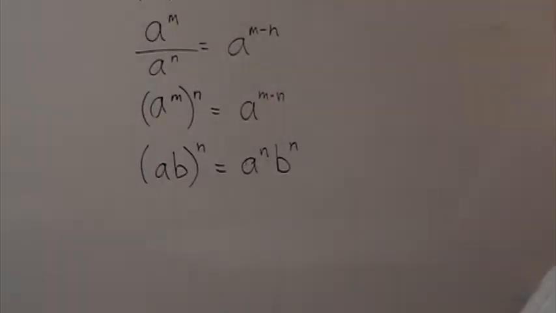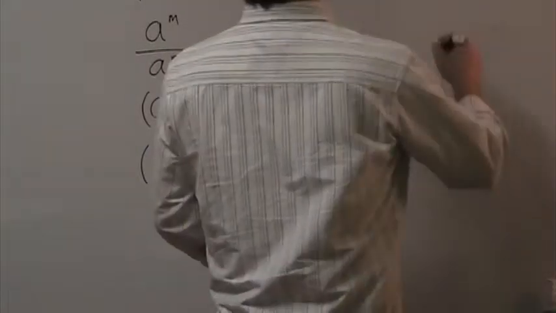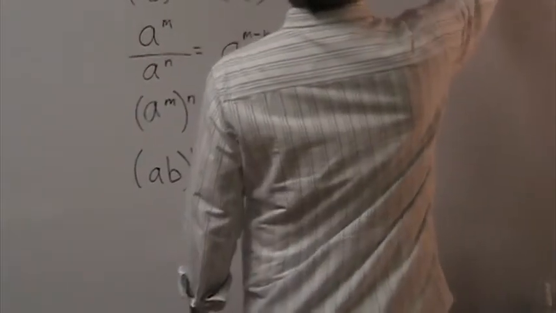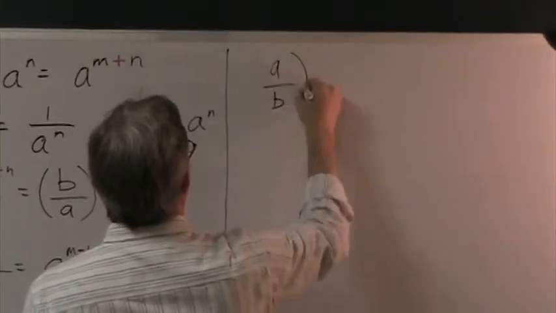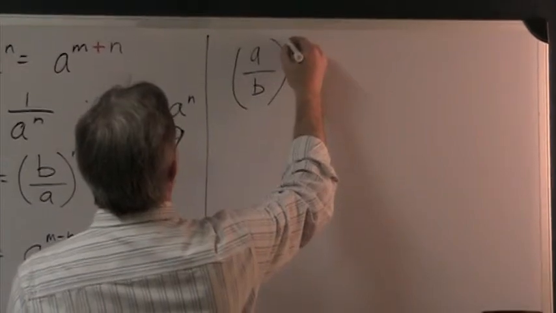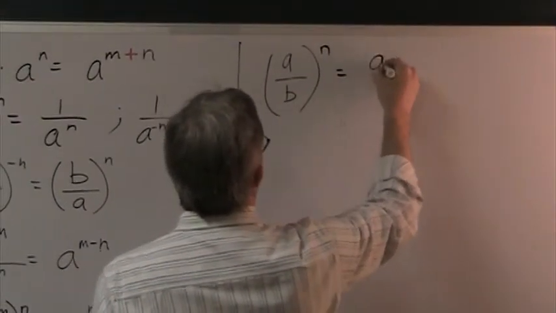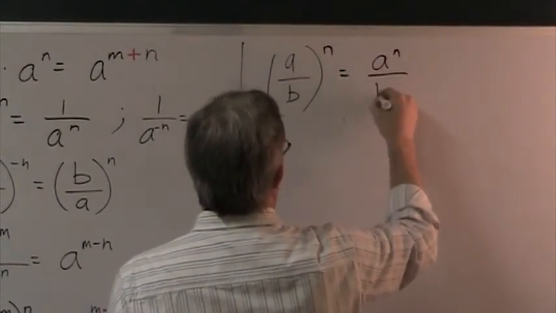And then the final one is the power rule for quotients. The power rule for quotients says a over b, to the n power, is equal to a to the n over b to the n.